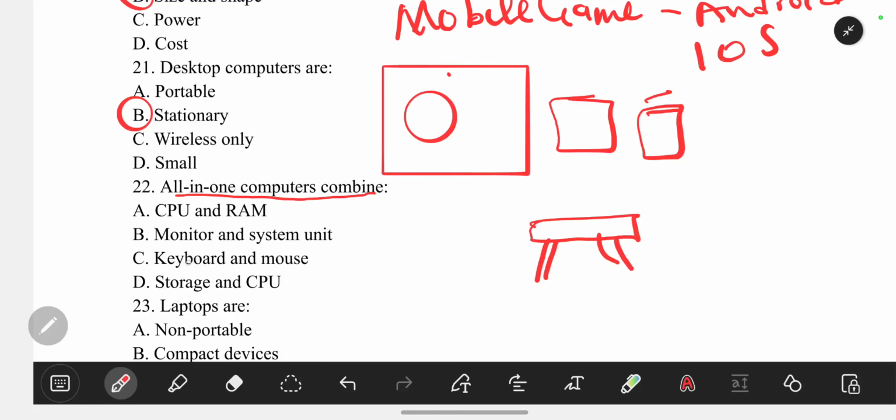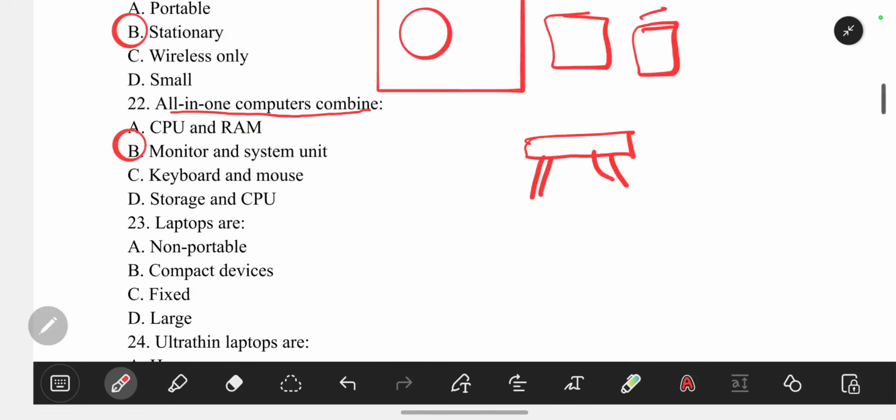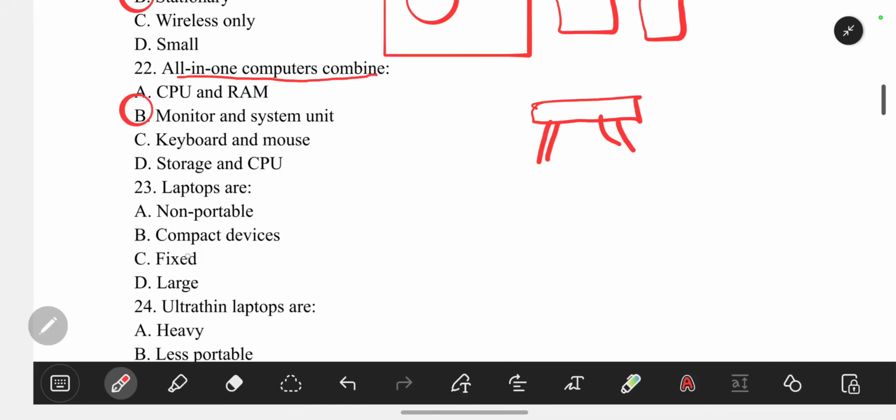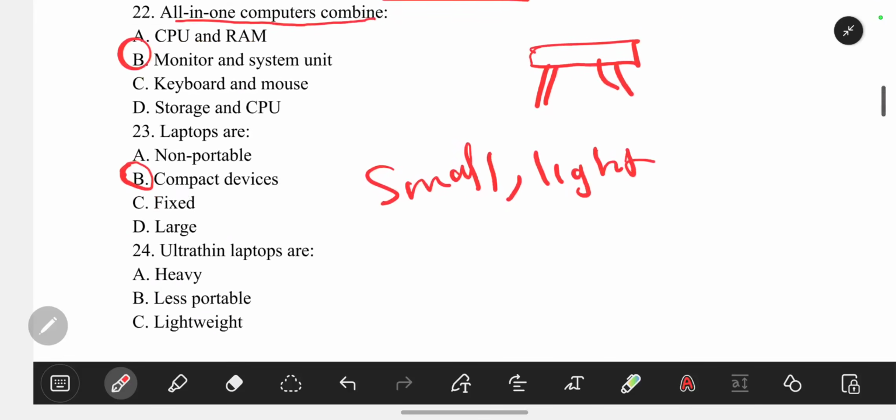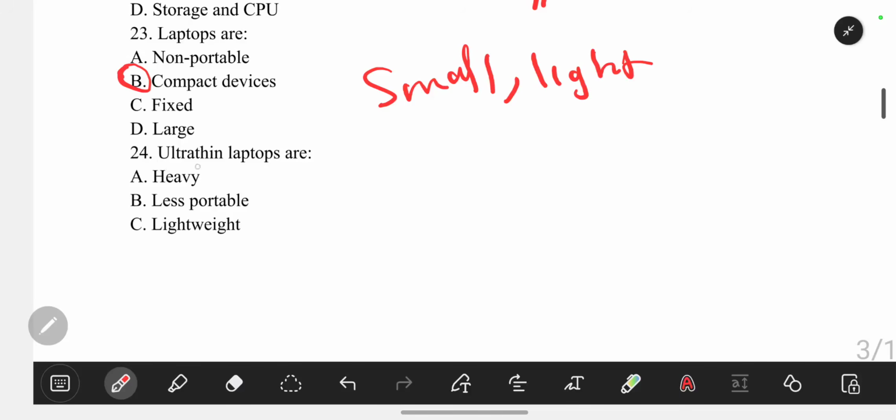So for this one, we have the monitor and the system unit. Laptops are portable compact devices. This word compact simply means they are small and lightweight, which means they are easy to carry.